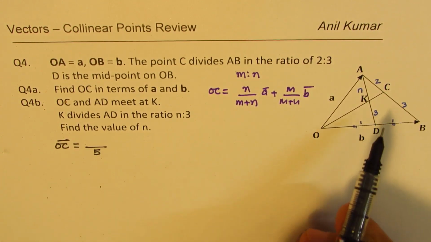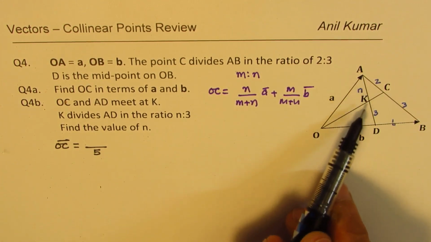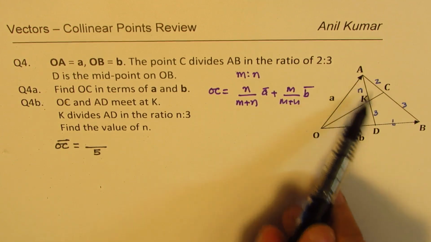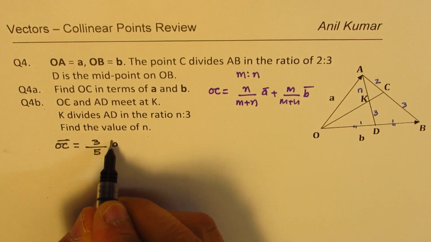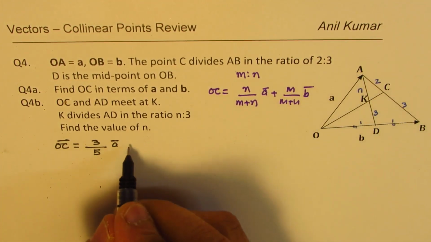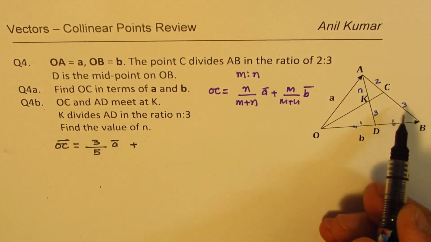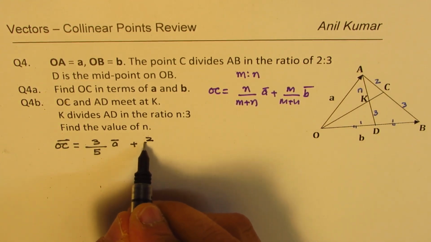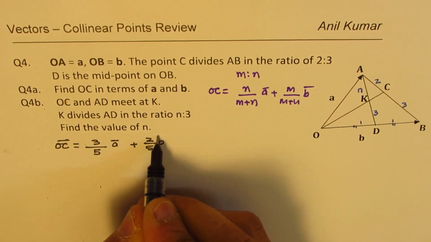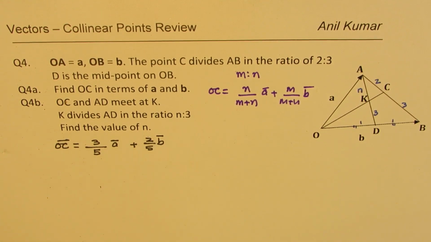When we multiply with the vector A, we take this number 3, so that is key. So 3 times vector A, which is OA, plus 2 gets multiplied with vector B, so 2 over 5 times vector B. In the test, you could use this formula and straight away write that OC is equal to 3 over 5 A plus 2 over 5 B.